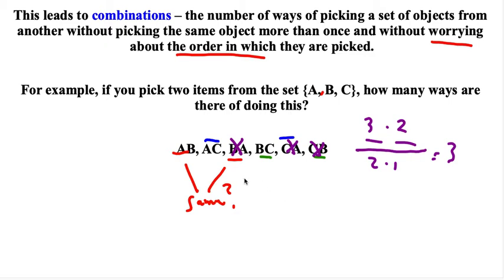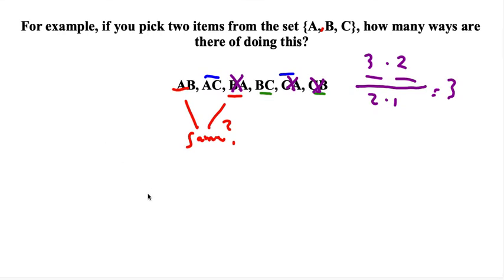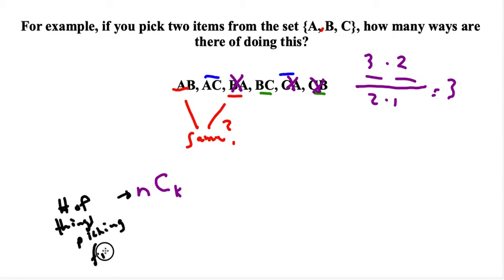So when we're talking about a combination, I'm just going to show you some notation here. We sometimes say NCK, where N is the number of things we're picking from, and K is the number being picked.